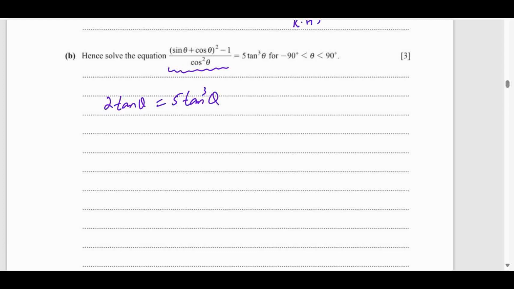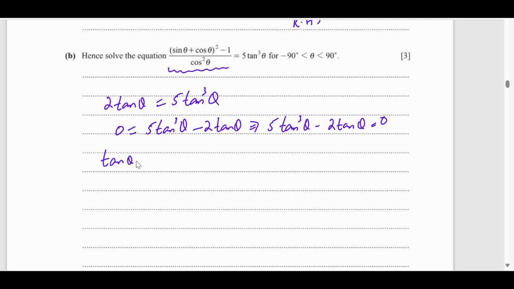Now if we rearrange this, basically 0 is equal to 5 tan cube theta minus 2 tan theta, and 5 tan cube theta minus 2 tan theta is equal to 0.